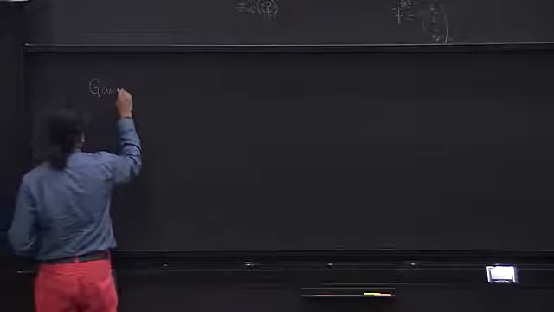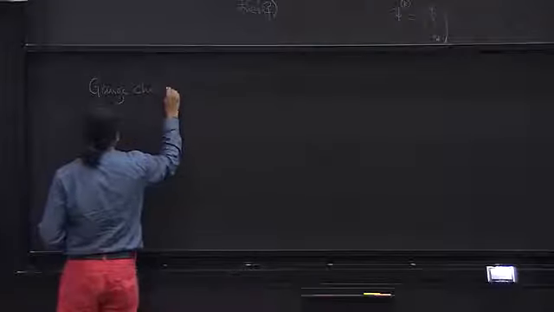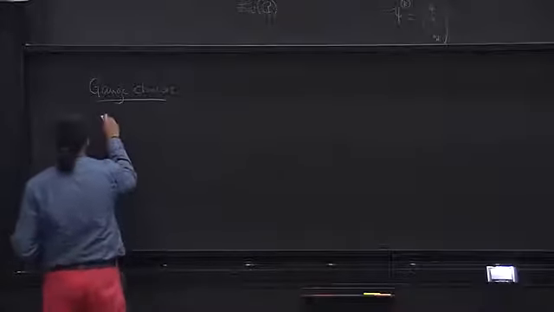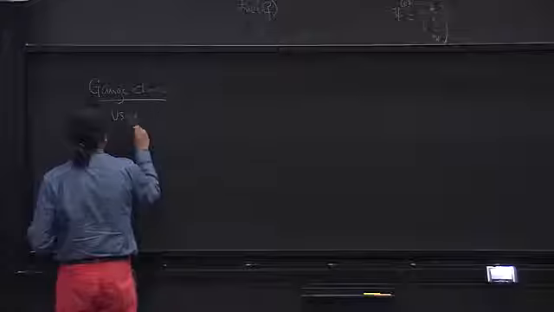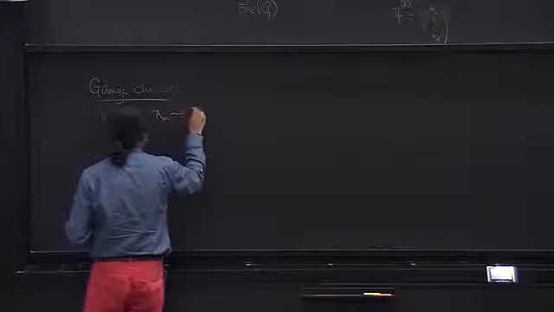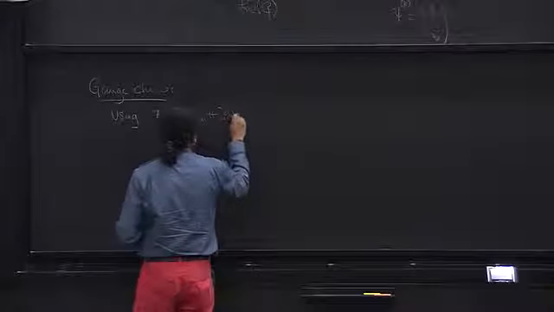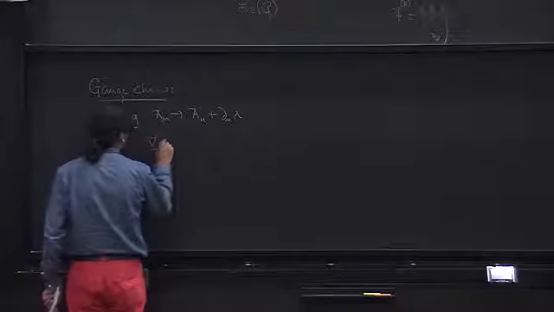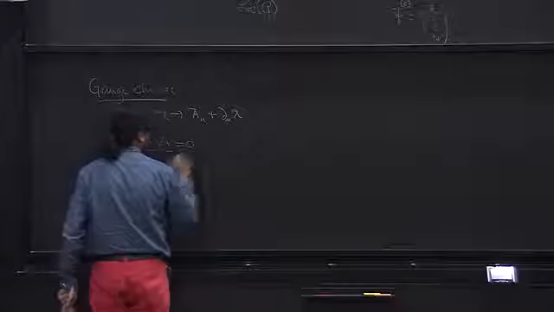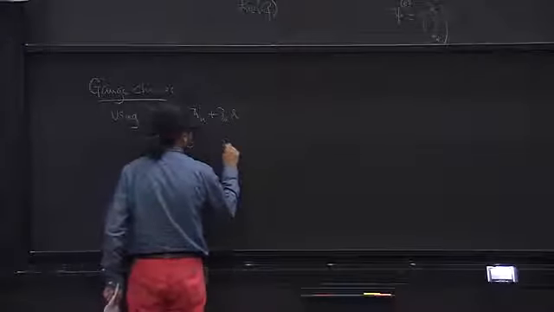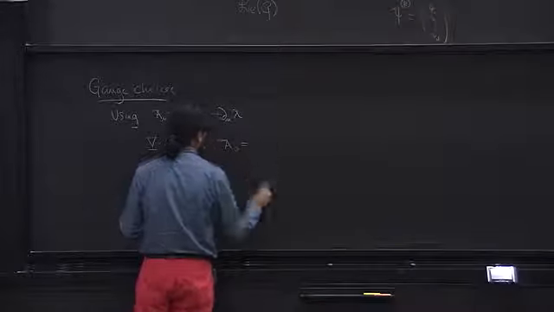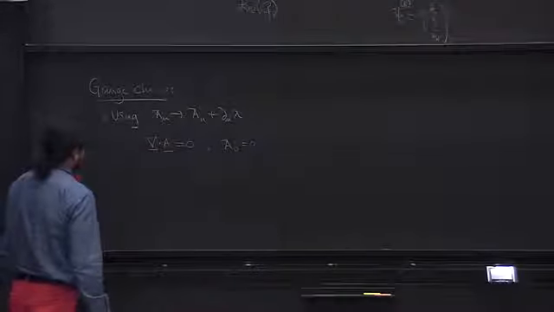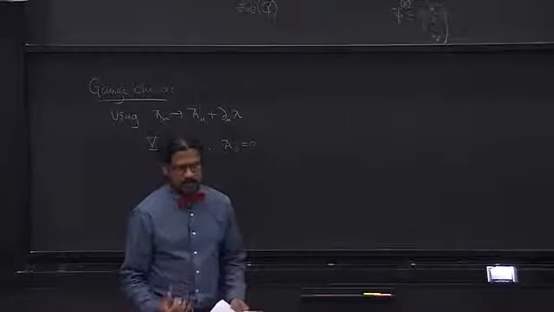So, gauge choices. Using the fact that my equations are invariant under this transformation, you can show that you can set this condition, and then all you're left with are the physical degrees of freedom.